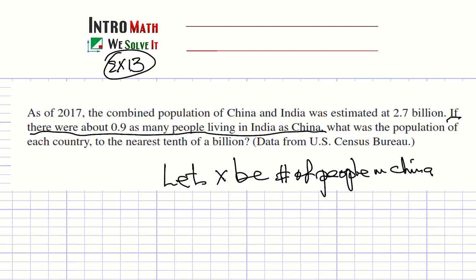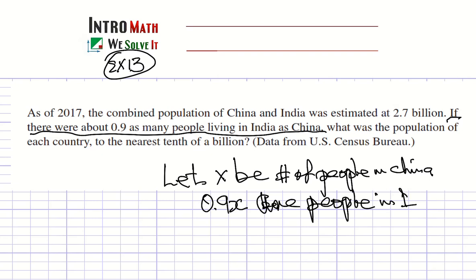And then, because it says 0.9 as many people living in India as in China, the people living in India is 0.9x. That's the number of people in India.